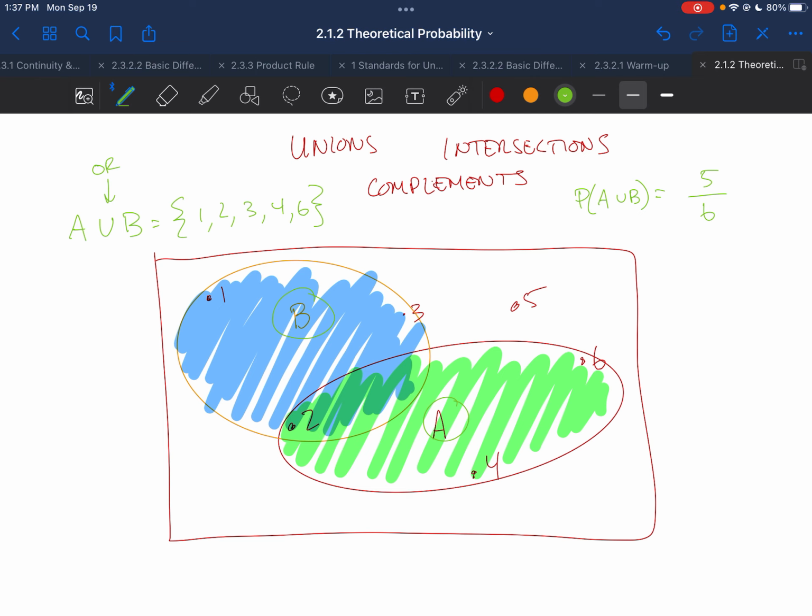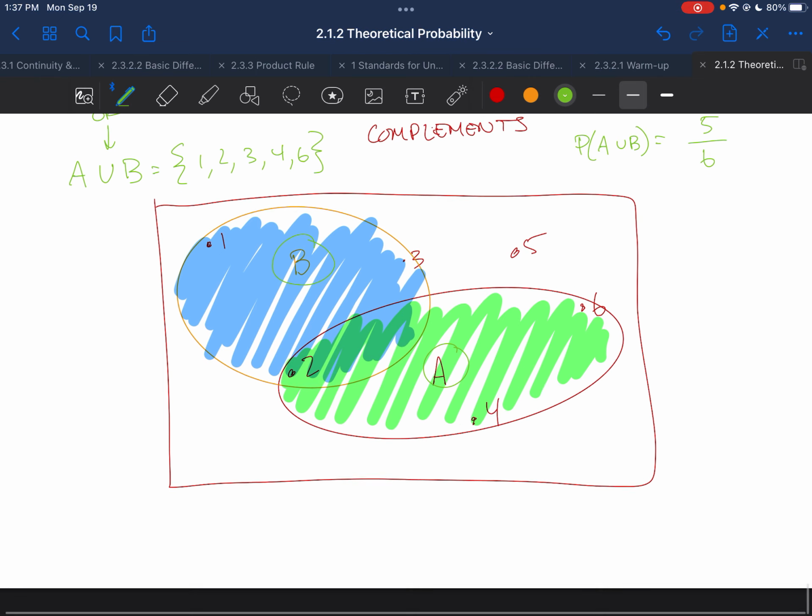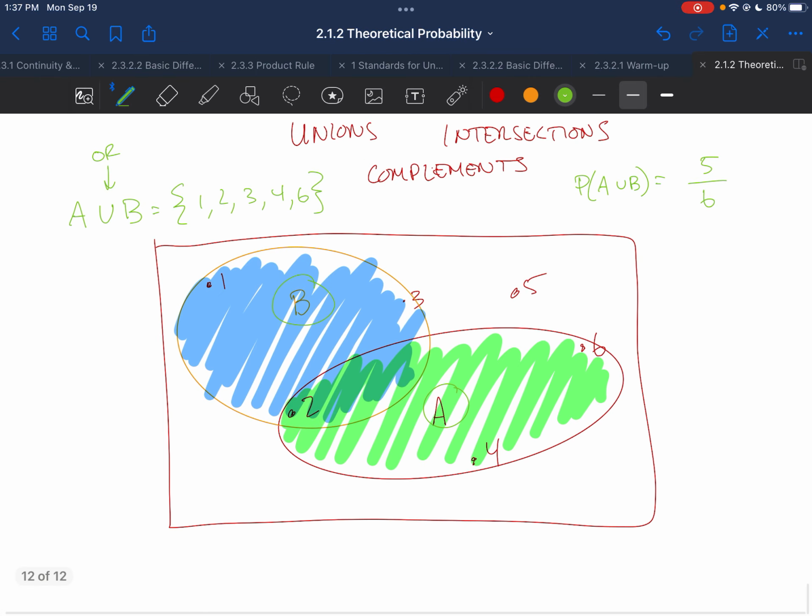Now let's talk about what it means when I say and in math. If I want to know the probability of A and B, first I need to know how many data points are in both A and B simultaneously. That's this area right over here, and right now it looks like there's only one value there.